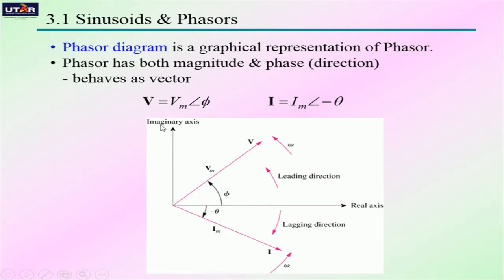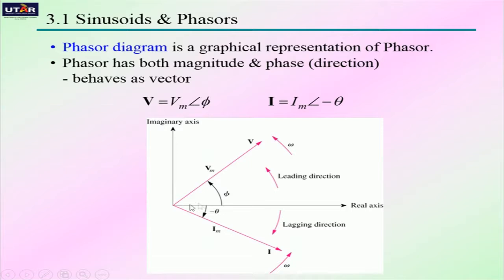A phasor diagram is a graphical way of showing how the real and imaginary parts of the complex rectangular form are related. The horizontal axis shows us the real magnitude, and the vertical axis shows us the imaginary magnitude. And the phase difference is shown here.